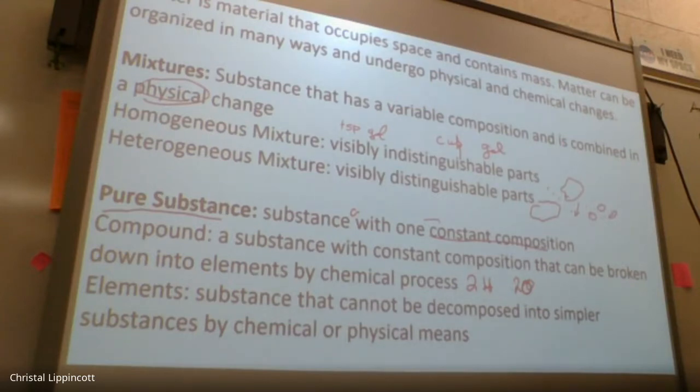You have to use chemical means to split this stuff out. You can't use physical changes to make that happen. Elements also have fixed ratios, and that deals with their protons. Anytime we're dealing with 8 protons, it's always oxygen. We increase that by 1 proton, we don't have oxygen anymore, we have fluorine. So there are set compositions for these.